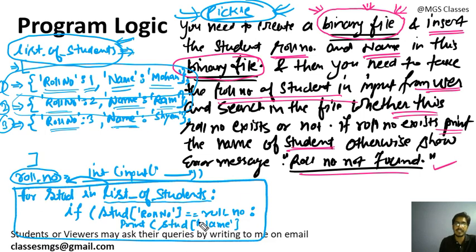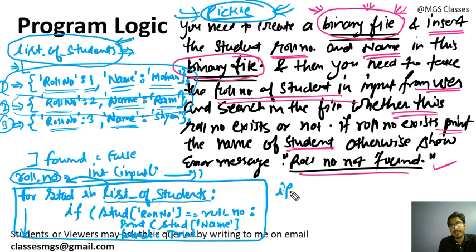for tracking whether this roll number is found or not, I can create a variable called found, equal to False initially. If the roll number is found in the list, I can set its value to True. If this found value is true at the end, after iterating over each student in the list, then the roll number was found.